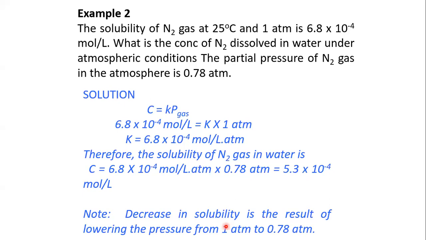So please take all your constants and values out of this question, because I'm taking it out of your face shortly. What is the concentration of nitrogen dissolved in water under atmospheric conditions? The partial pressure of nitrogen gas in the atmosphere is 0.78 atmosphere. I want your answer in the chat box.